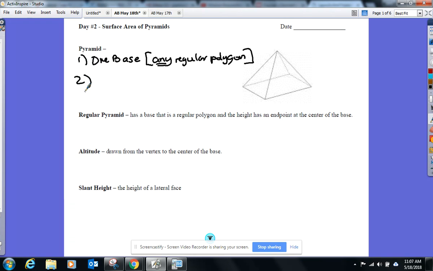And how can you describe the other faces of a pyramid? Other than the one base, what are the other faces in the shape of? Triangles, yes. Not only are they triangles, they are congruent triangular faces.